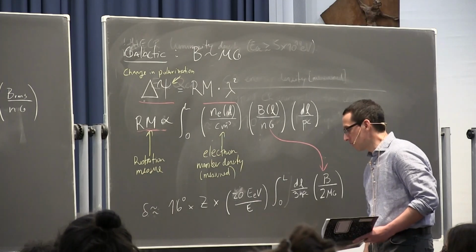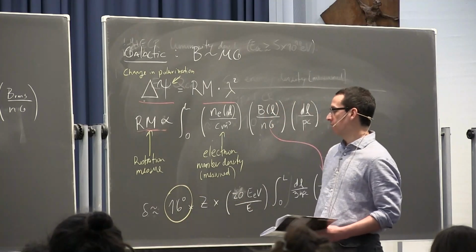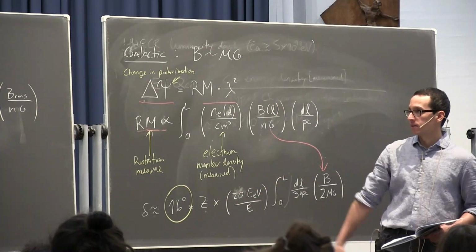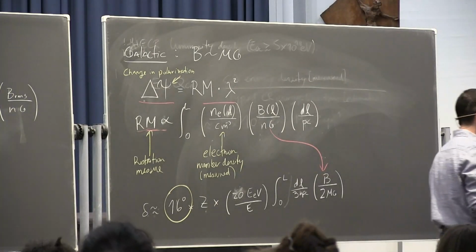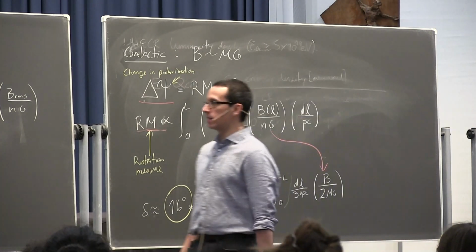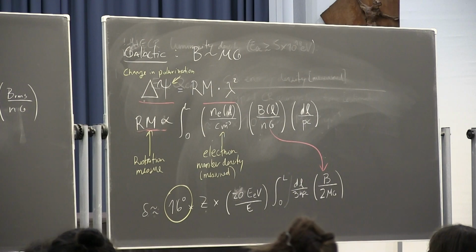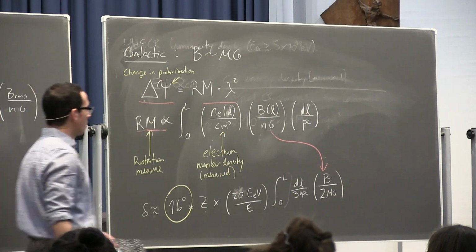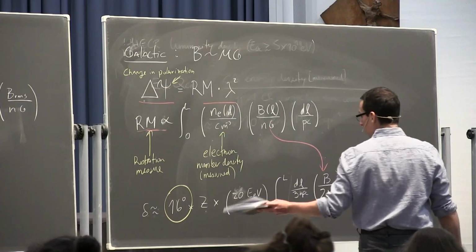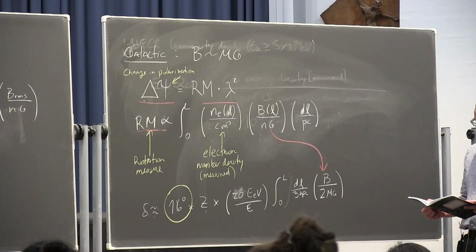Okay, and the first thing you should notice is this. 16 degrees for protons, so if I fix it to 1, is a lot bigger than 0.8. So the size of the magnetic field in the Milky Way is what's doing that. And that means that even if we're lucky and we get an extragalactic proton that is reaching the Milky Way without having endured much deflection on the extragalactic magnetic field, it will most certainly suffer a big deflection once it reaches the magnetic field of the Milky Way.